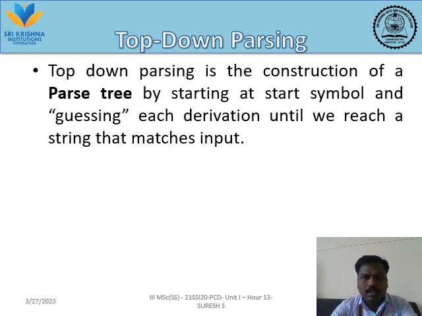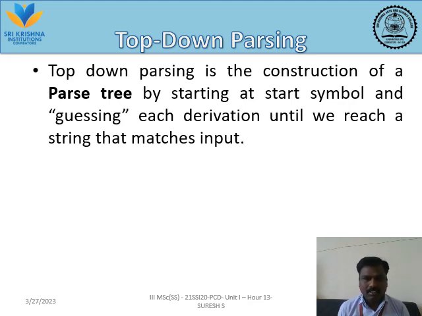That is top-down parsing. Considering a tree, here we're going to build a parse tree. Here the top is the root. It's not like the typical tree where the root is down and the leaves are at the top; it is just the opposite. As in data structures, the root will be at the top and the leaves will be at the bottom.